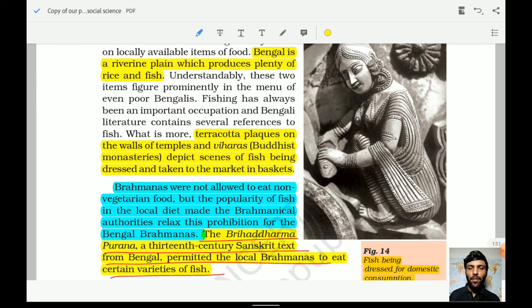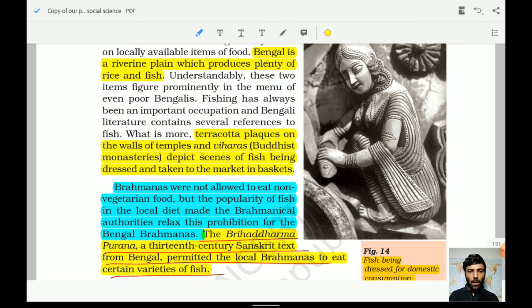And what type of exceptions were made for the Brahmins, let us understand that as well. Brahmins were not allowed to eat non-vegetarian food, but the popularity of fish in the local diet made the Brahmanical authorities relax this prohibition for the Bengal Brahmins.